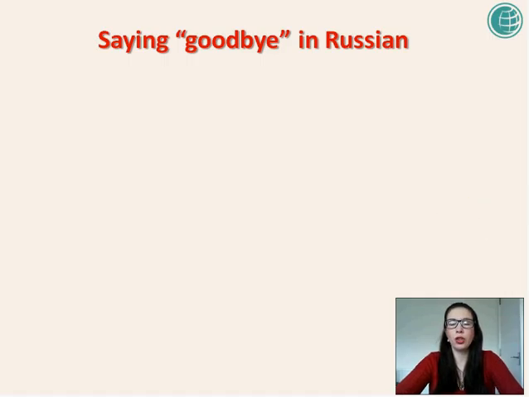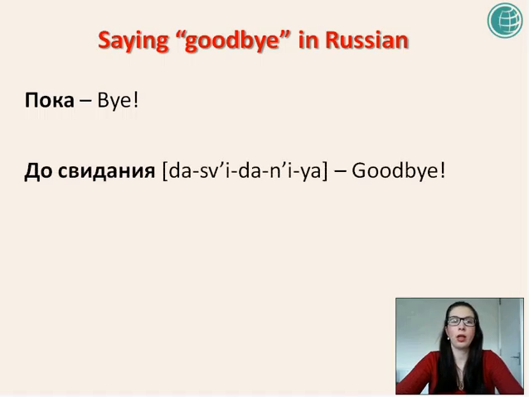We will learn just a few options how to say goodbye. Пока, which means bye. It's a very informal word and you can say it to people you know very well or to your close friends. Пока. До свидания.